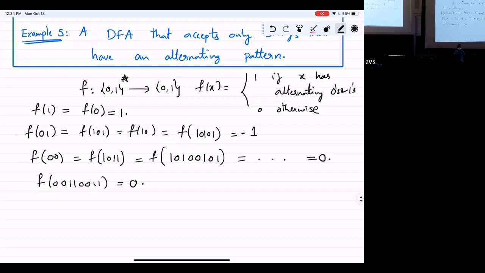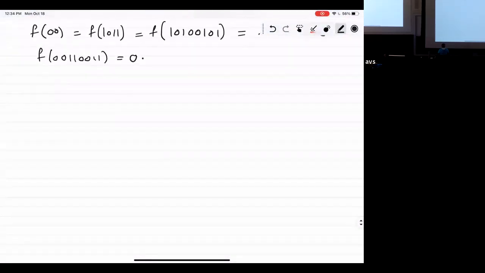Okay. All right. So how can I design an automaton for this? Any guesses? Well, instead of just trying, let's become an automaton, right? So I need to decide if I'm only seeing, like I'm flip-flopping between 0 and 1 at every bit.